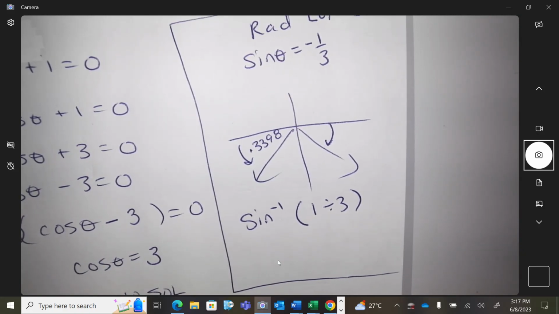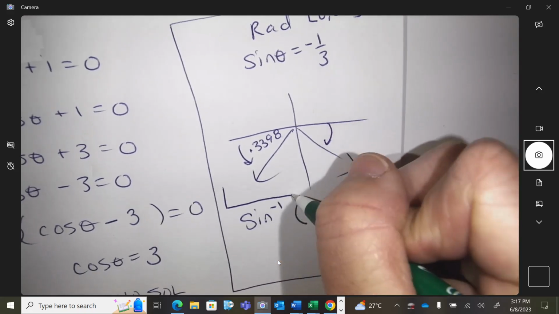And then I got 0.3398. So that's not my answer. That is considered a reference amount. So that's how far you are away from the axis.